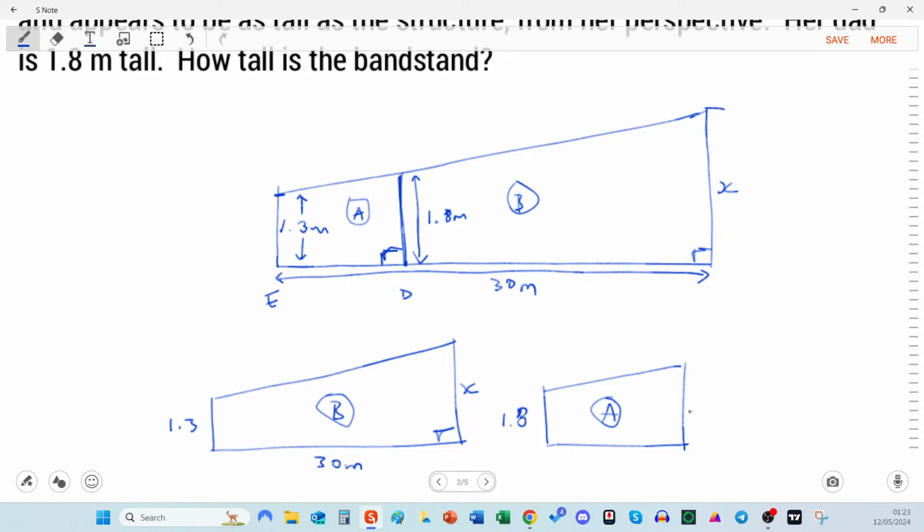Now this little one has a height here of 1.8, and that's the difference. So we need to change that. This little one to the big one is what we're after. So we're looking for the size that scales up.